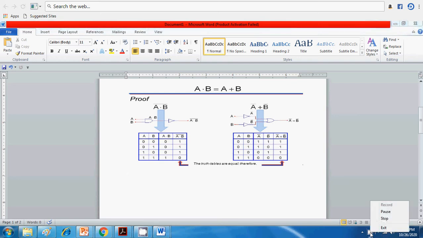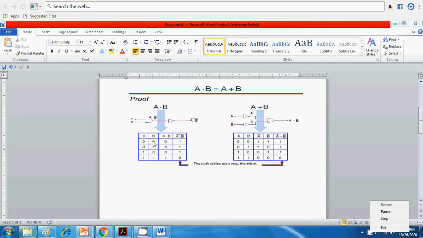Now here is the truth table for the two theorems. So first is (A dot B) bar is equal to A bar plus B bar. So for that the proof is given. So you can see here, it is A, then B, then A dot B and (A dot B) bar.